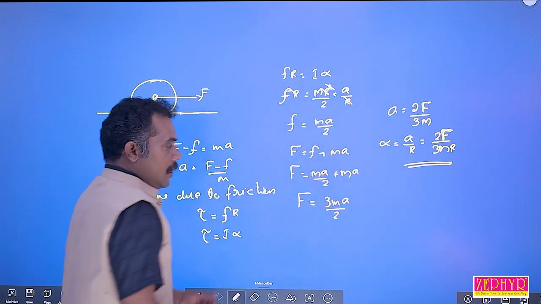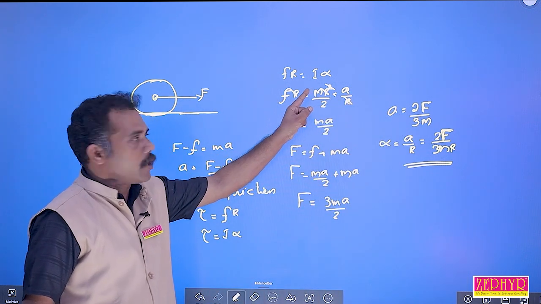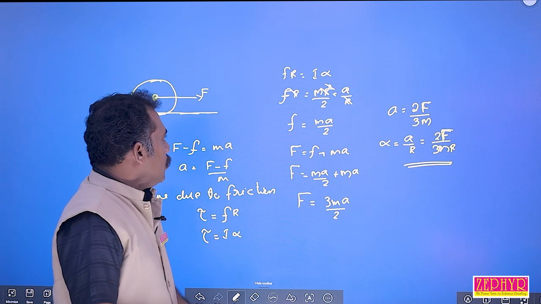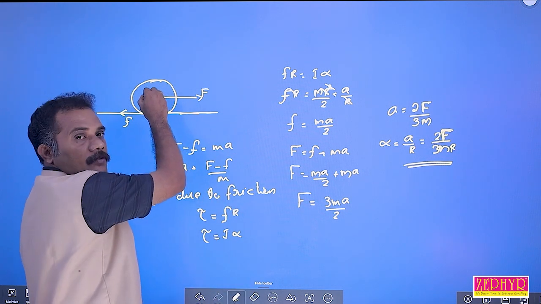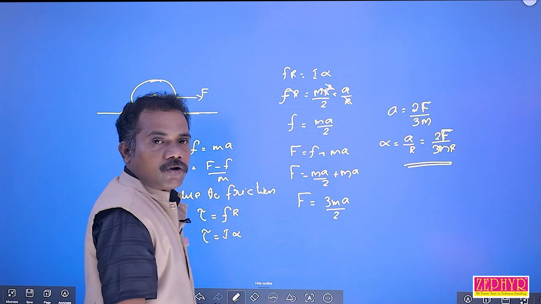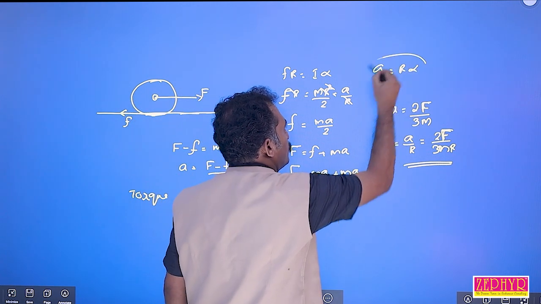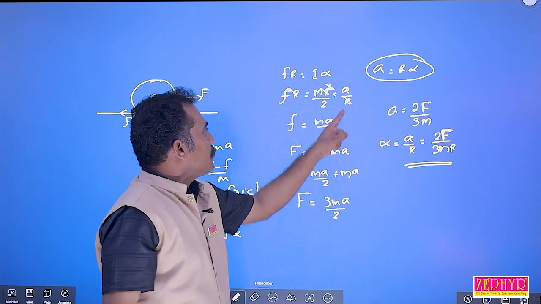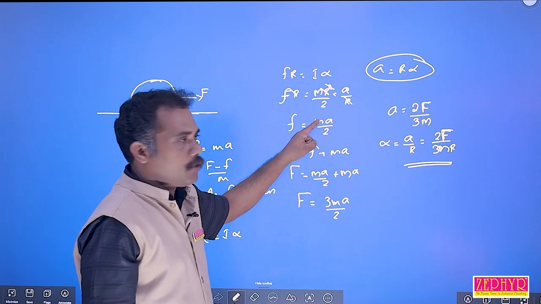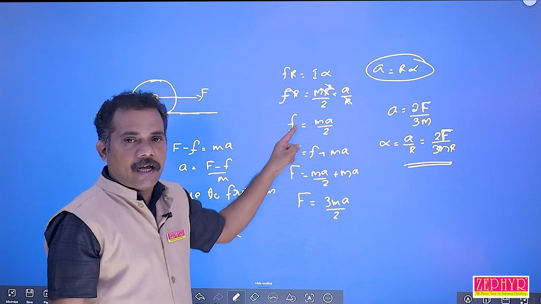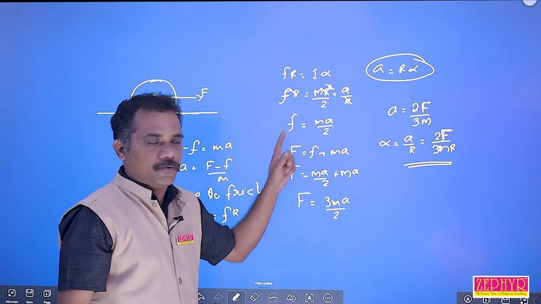Equating fr and I alpha, this is a solid cylinder, and this is the axis. The moment of inertia is mr square by 2, and also a equals R alpha, so alpha equals a by R. With moment of inertia mr square by 2 and alpha a by R, on solving, friction equals ma by 2.